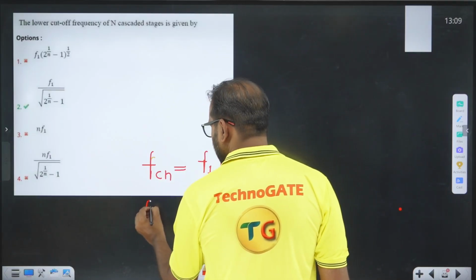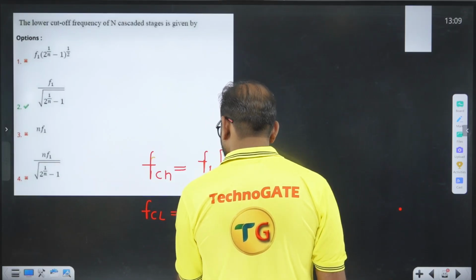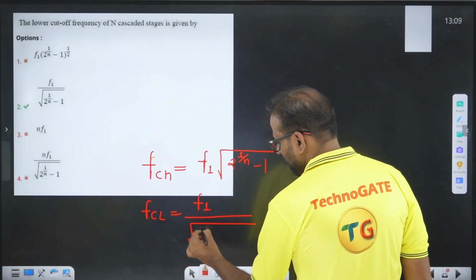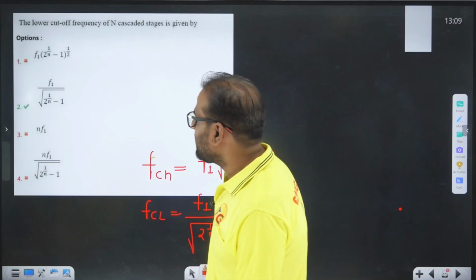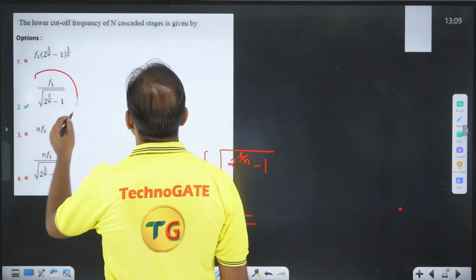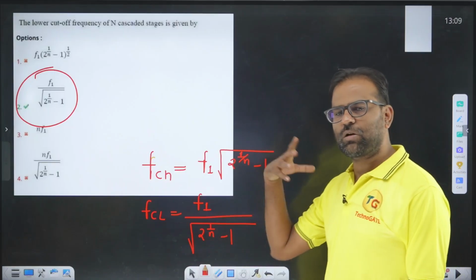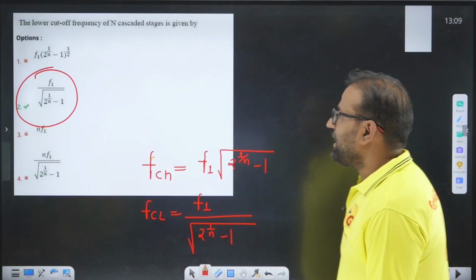And if they are talking about the lower cutoff frequency, then it is f1 divided by 2 to the power 1 by n minus 1. So which option is correct here? They are talking about the lower cutoff frequency, so it is divided. Higher cutoff frequency will increase, lower cutoff frequency will decrease. Let's go to the next.